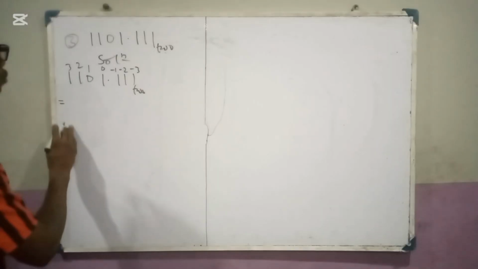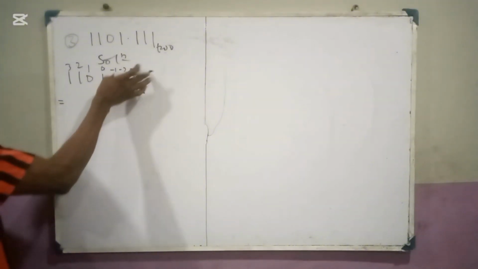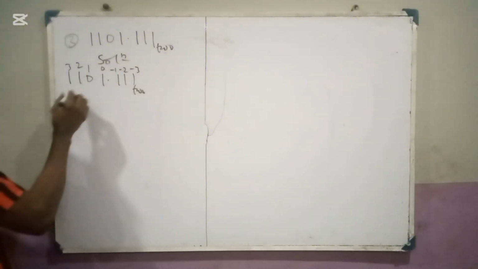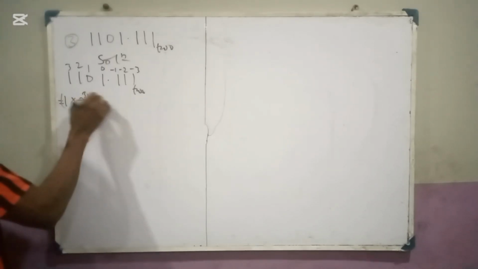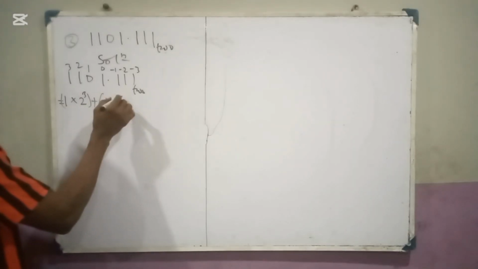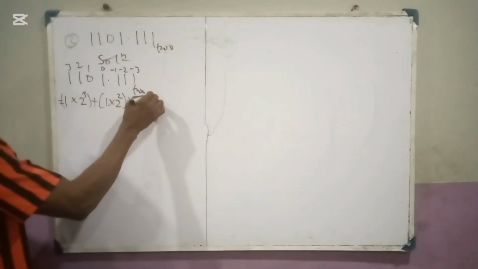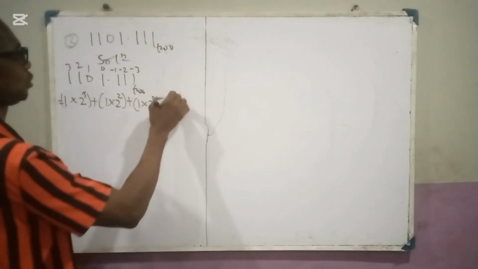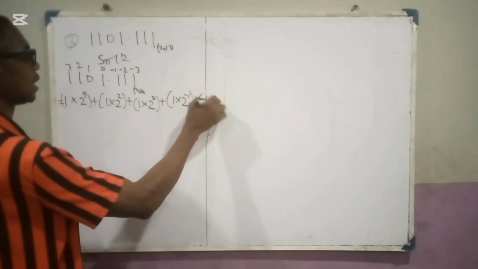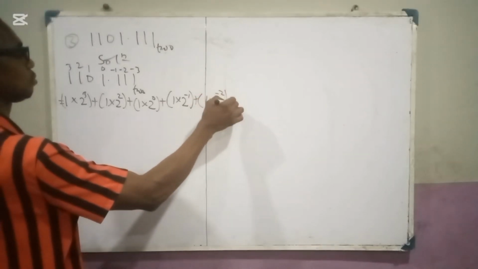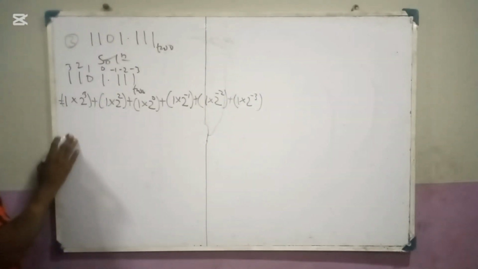This is equal to, for the whole number, and for the fractional part, the decimal is negative power. 1 times 2 to the power 3 plus 1 times 2 to the power 2 plus 1 times 2 to the power 0, plus 1 times 2 to the power minus 1 plus 1 times 2 to the power minus 2 plus 1 times 2 to the power minus 3, right?